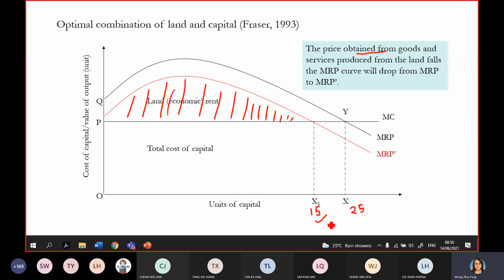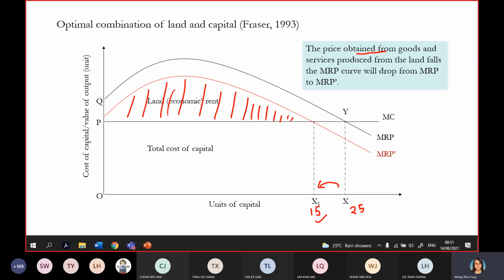So building 15 floors should be able to cover the land cost. That is a scenario when you build lower. In some areas like Seremban, if you build lower, it does not matter because the land cost is not so expensive. Building 15 floors still should be able to cover the land cost.